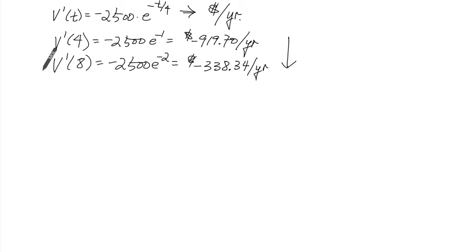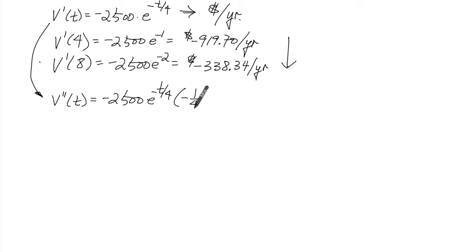To solve this question, we need the rate of change of the depreciation rate given by v prime of t. Mathematically, we need the double derivative or the second derivative of v of t. So I'm going to differentiate that. That's an exponential function, so it should be fairly easy to differentiate using the chain rule.